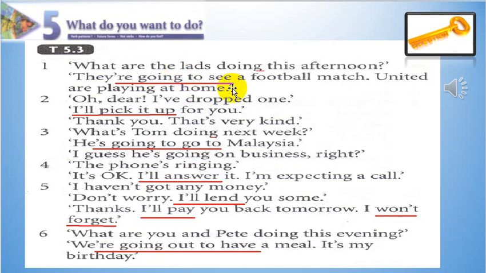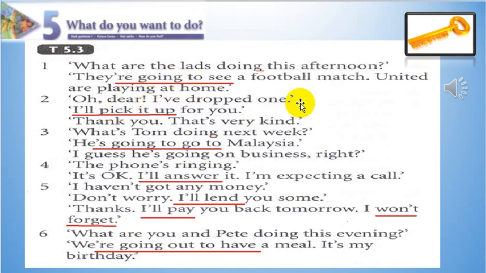Okay. فإذا هنا أيضا تمرين على استخدامات going to و will. هنا what are the lads doing this afternoon? يعني هم مقررين they are going to see a football match. مقررين قبل يوم يومين أسبوع, لأنه موعد المباراة معروف ومعلن, فقرروا إنهم يشوفوها, فالاستخدام يكون going to.